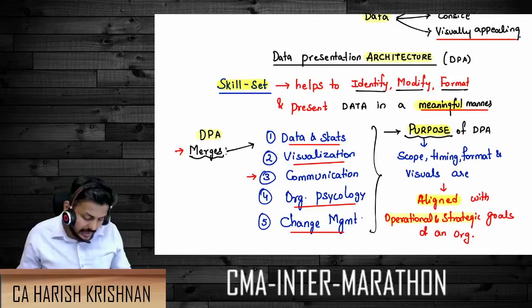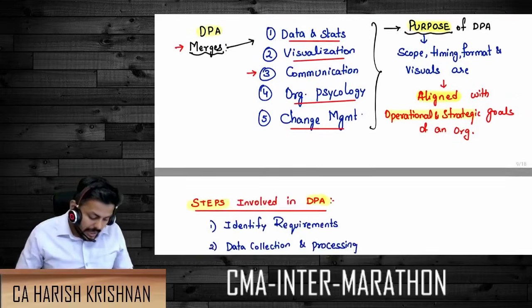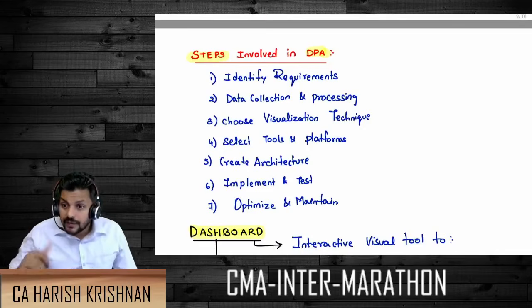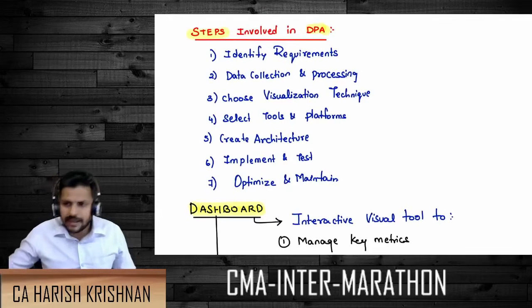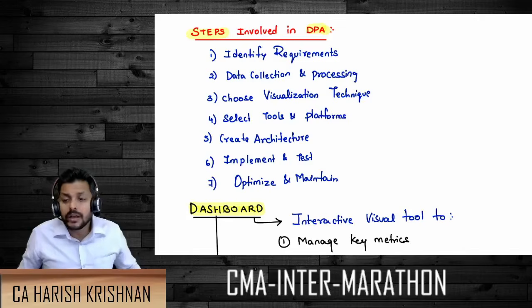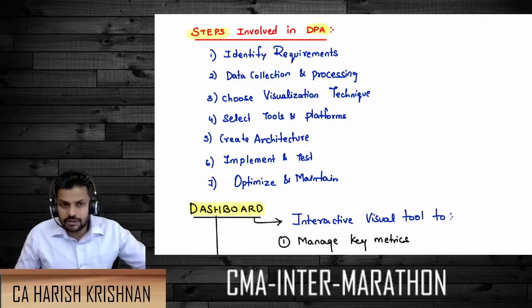That is the idea behind finding a suitable architecture. And before I give you a small pause in discussing all the various visually engaging methods, right from dashboards to maps to density maps, we will discuss what are the various steps involved in data presentation architecture.